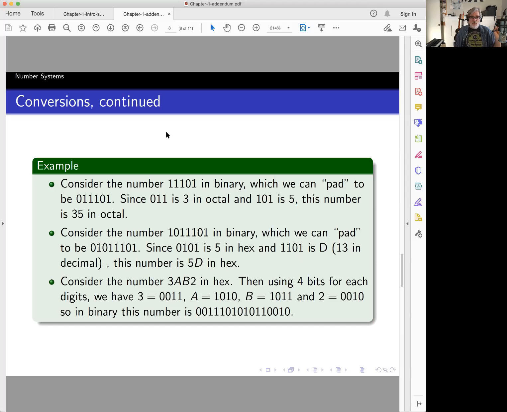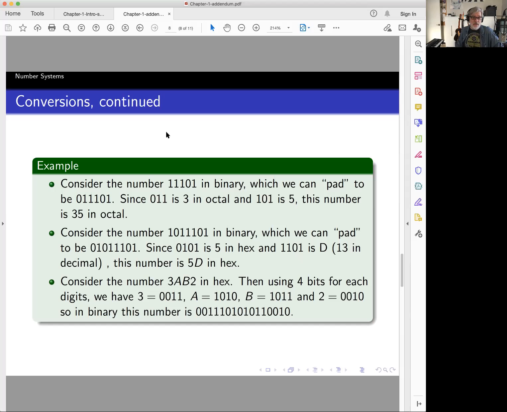And 101 is 5. So 011 101 is 35 in octal. You just group into groups of 3 bits and replace by the octal digit that corresponds to that.